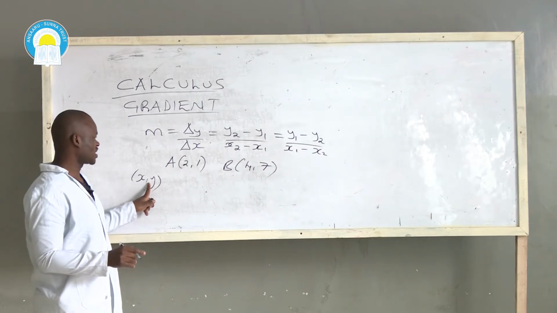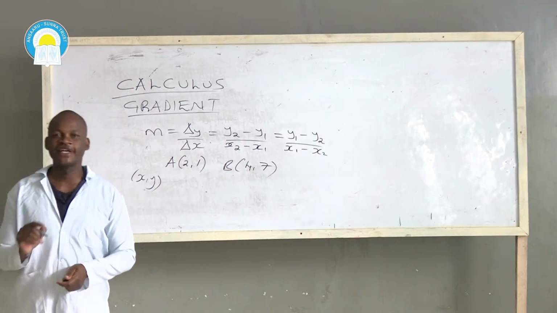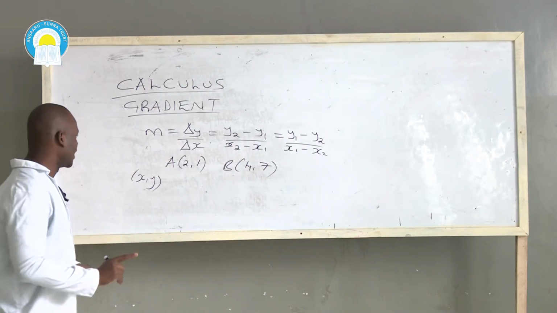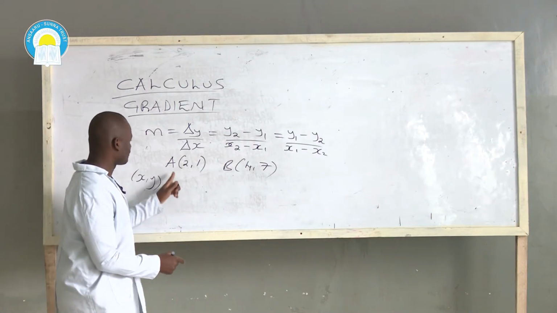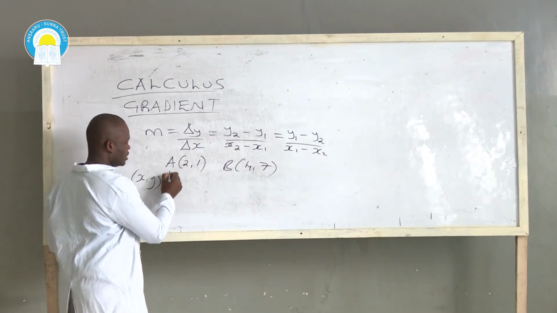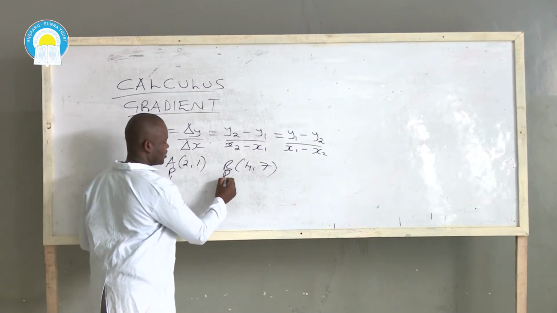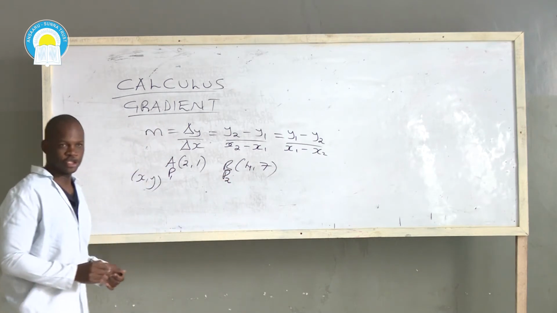So having known that, given points A and B and their coordinates and asked to find the gradient, this is what you do. We have point A and point B, so we have 2 points. I can label point A as point 1 and point B as point 2.